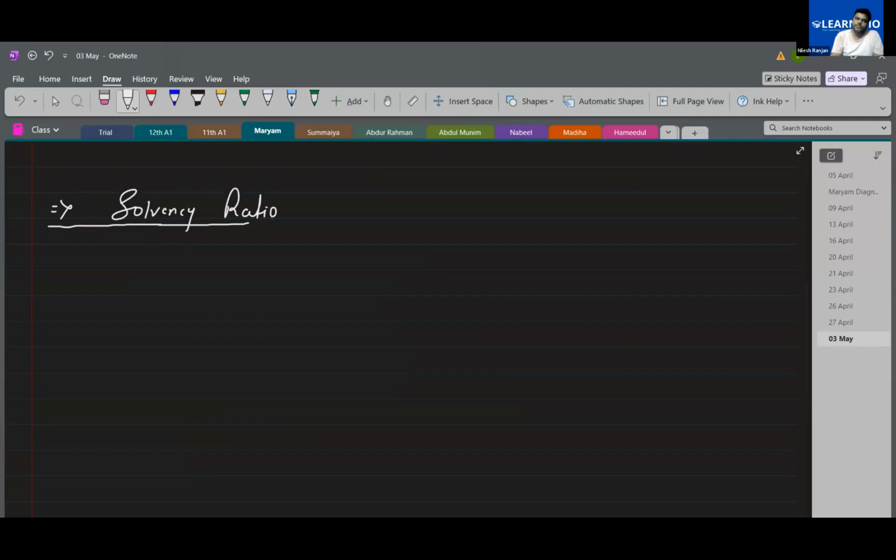Debt to equity, that is one. Total asset to debt ratio, very good, two. Interest coverage ratio, three.